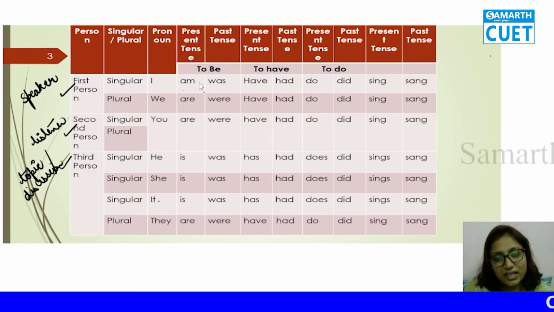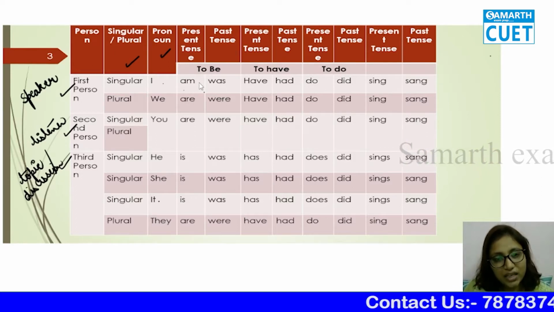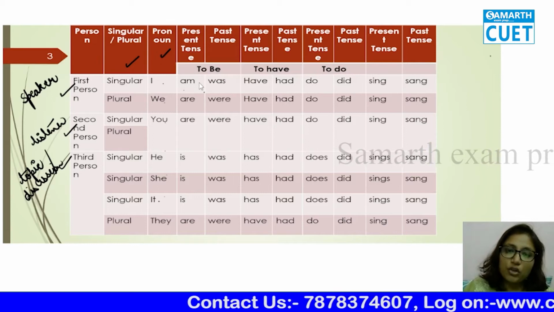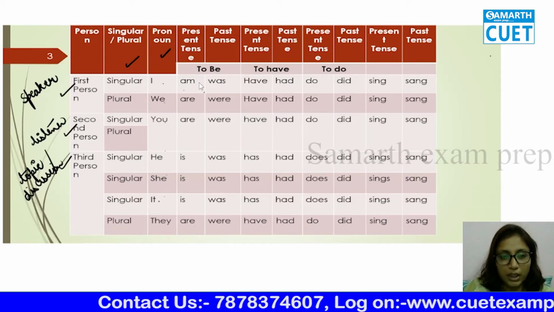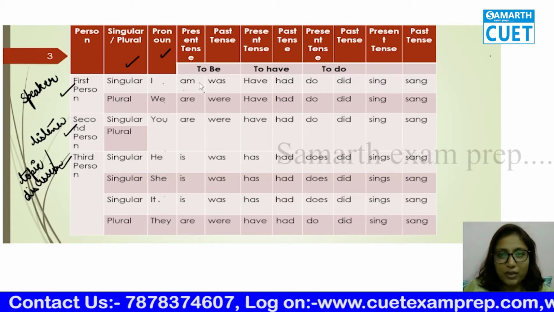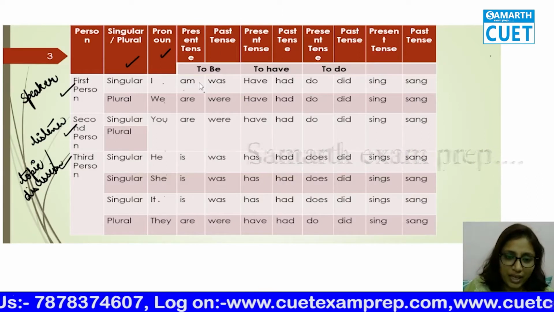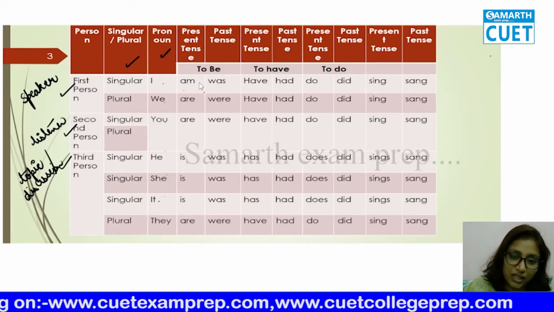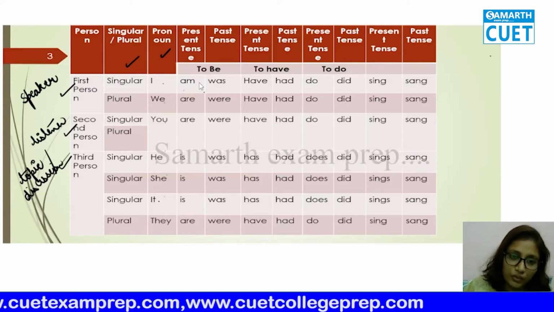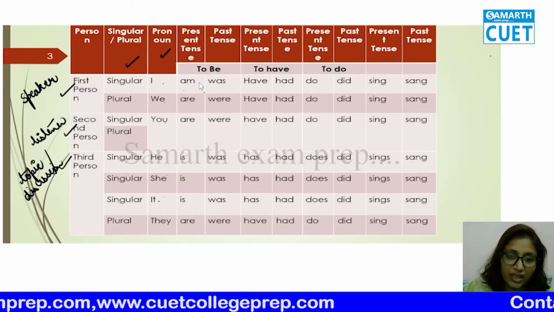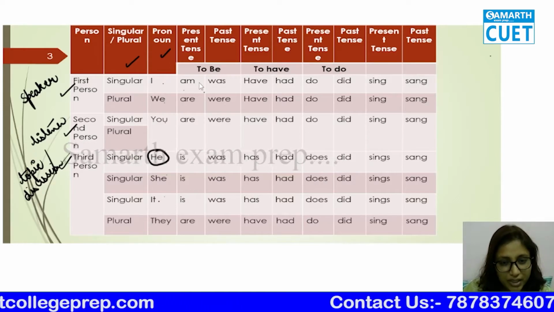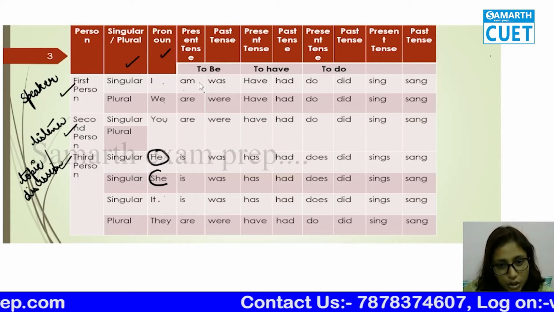We also discussed the forms, which ones are singular and plural: I, we, you, he, she, it, and they. So please go through that first if you do not know about it, because it will be really difficult for me to again discuss everything for pronouns like this. Okay, please go through the video first. Here in third person we are taking he and she.